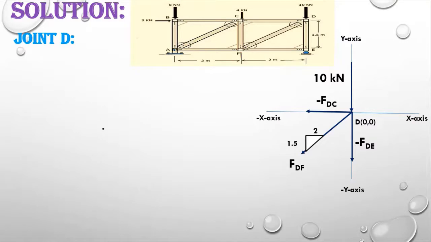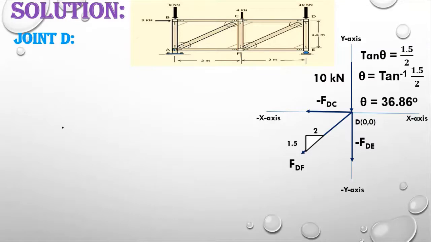You can see here. And now what we have to calculate is the angle here. Tan theta equals 1.5 divided by 2. Theta equals tan inverse 1.5 divided by 2. So, I am going to put here minus 10 kilonewton because this force is acting downward.